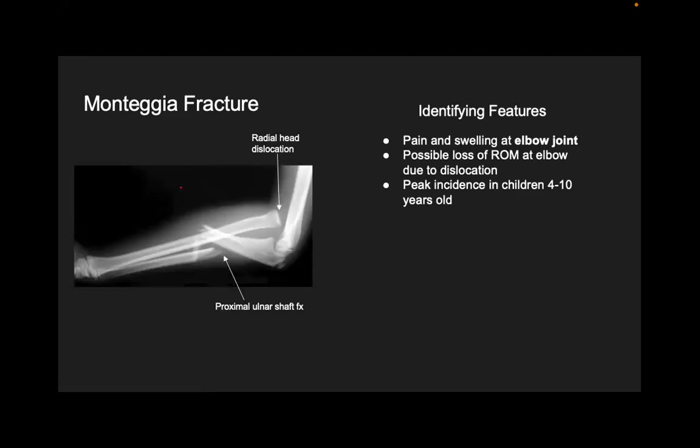Or if you forgot to say Monteggia fracture, you could completely describe it based off what you see: an ulnar shaft fracture, a little bit more proximal, and then you could see here, obviously the radial head is completely dislocated from its articulation here, okay?